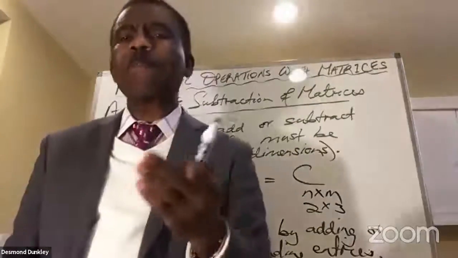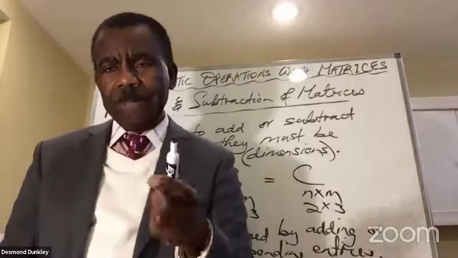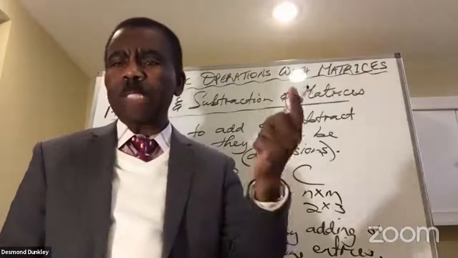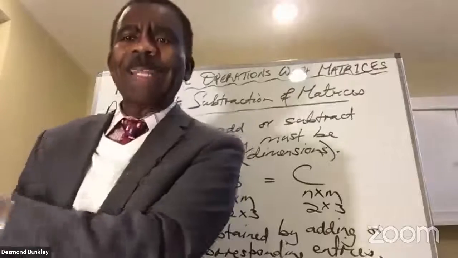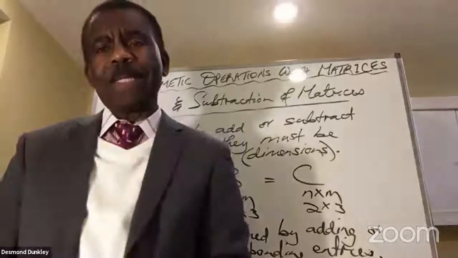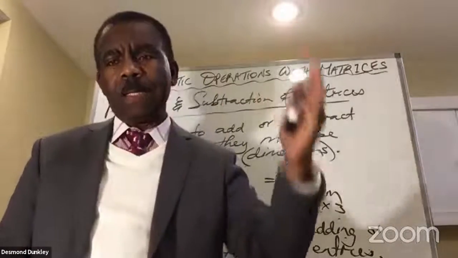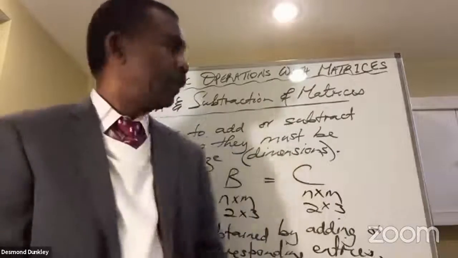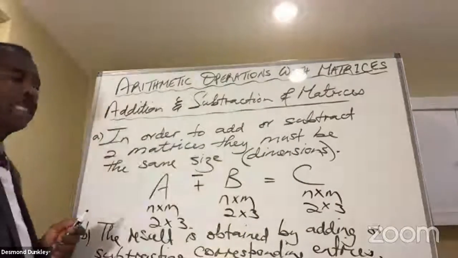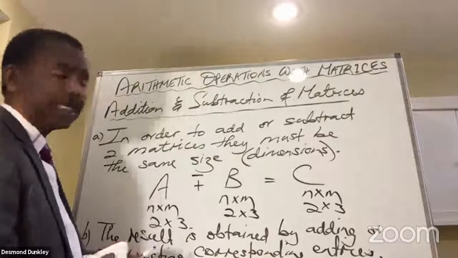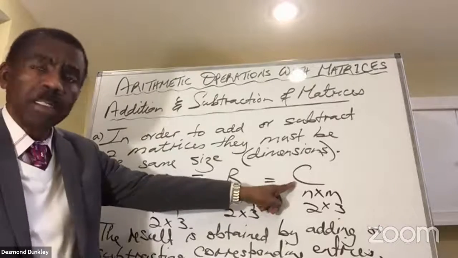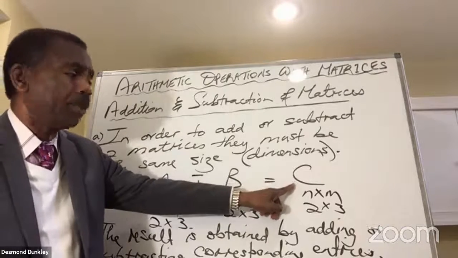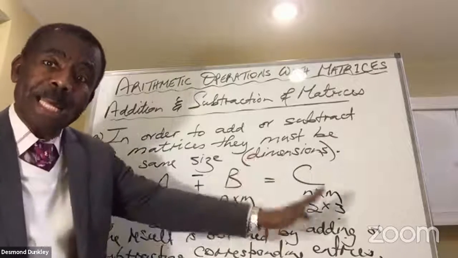Okay? And that is why they have to be the same size, because if they're not the same size, then some entries would not have a corresponding entry in the other matrix. They all have to be consistent, all have to be the same dimensions. Okay? So now we need to look at an example. And of course, I did mention that the result, whether from the addition or the subtraction, will be the same size.